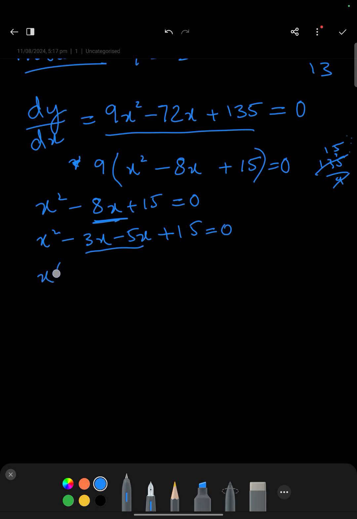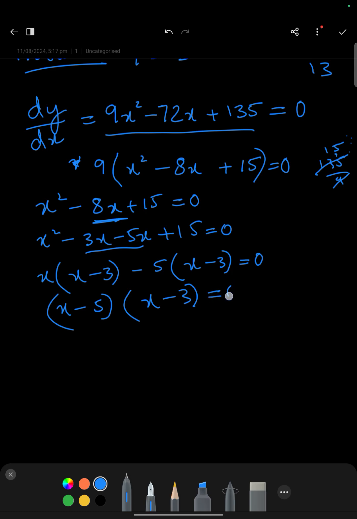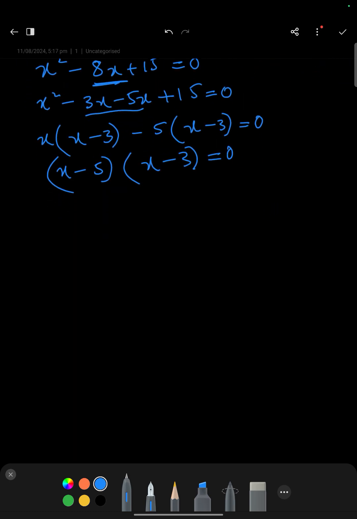Now take x out from this: x(x minus 3) minus 5(x minus 3) is equal to 0. So the first is x minus 5 and second is x minus 3. Now our x will be 3 or x will be 5.